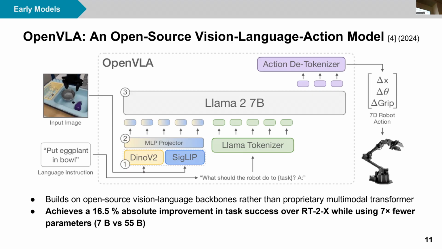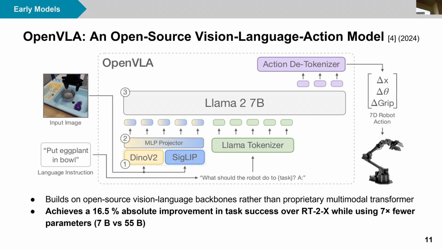And this follows a very similar scheme to RT2, where you take an image input and a language instruction. You put that through a series of modules to tokenize them, and then you put them through, in this case, Llama 2 7 billion parameter model, and it outputs, again, tokens in the language vocabulary that get detokenized into these discrete robot actions.